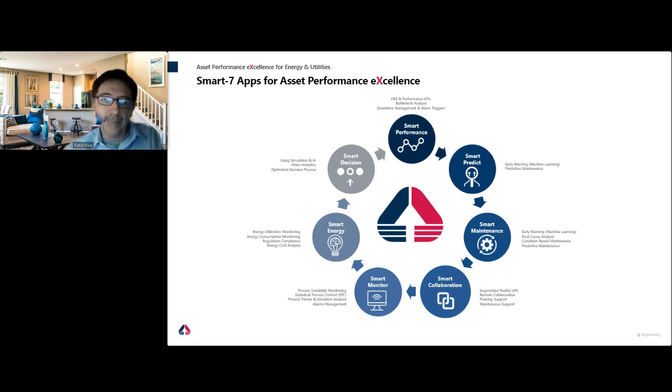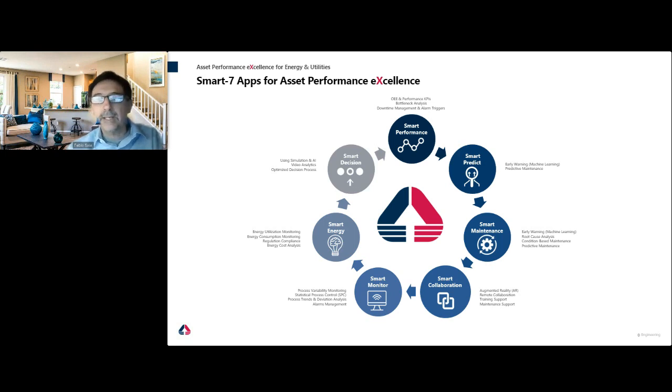Smart Monitor is more focused on quality, so how to improve the process, and on energy, of course, as there is a lot of attention today around that. Also, how we can optimize the energy utilization of an asset or focus on regulation compliance and so on.